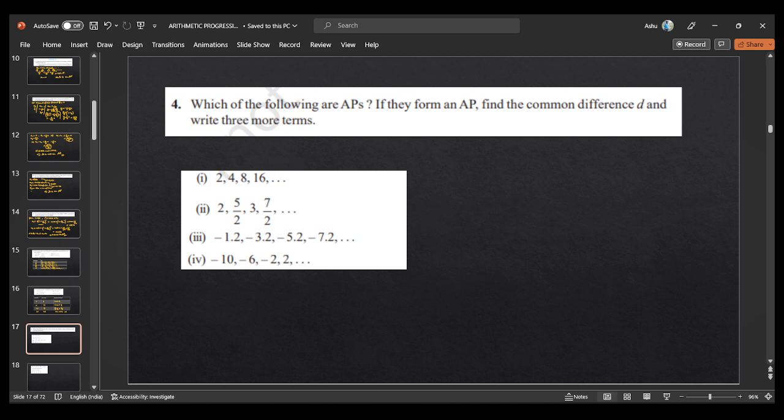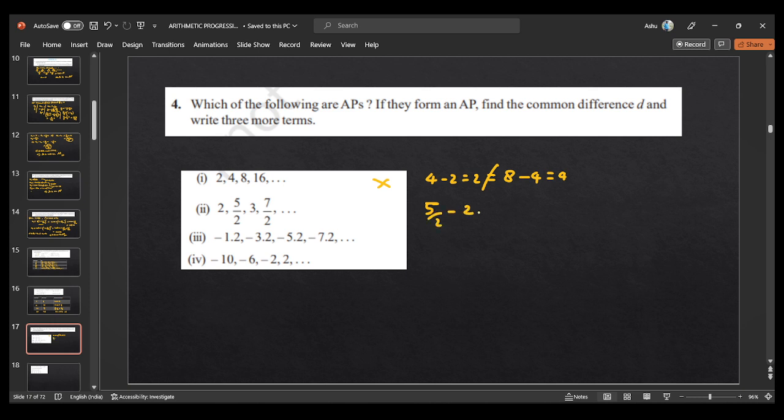Here the difference: 4 minus 2 is 2, 8 minus 4 will be 4. So this is not equal. This is not AP.